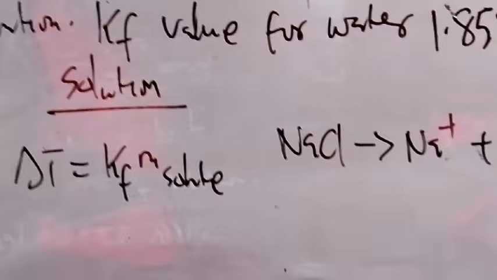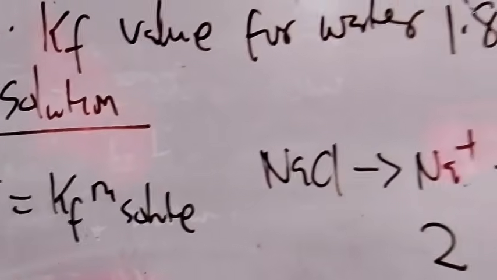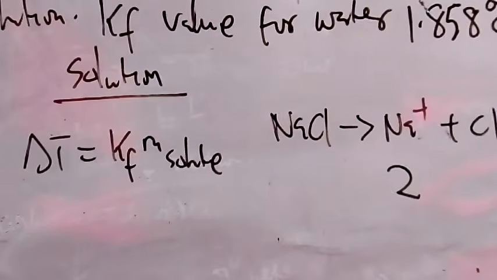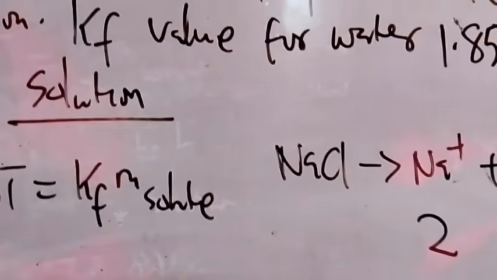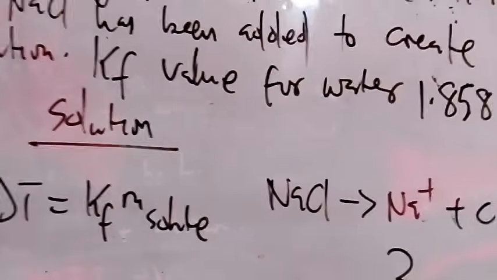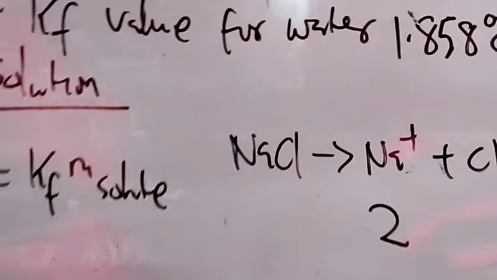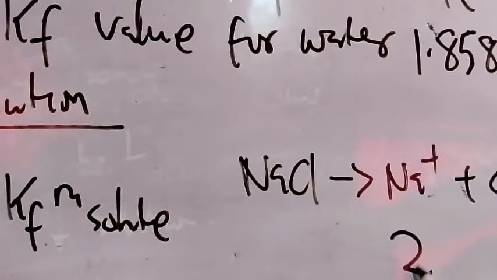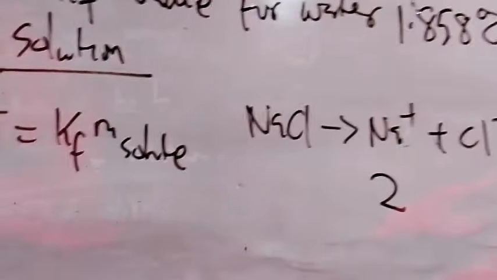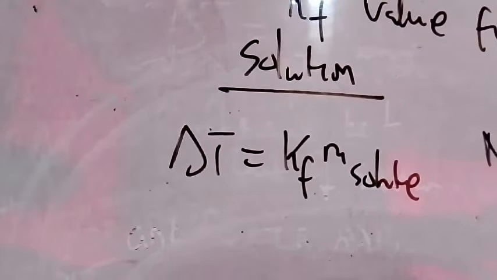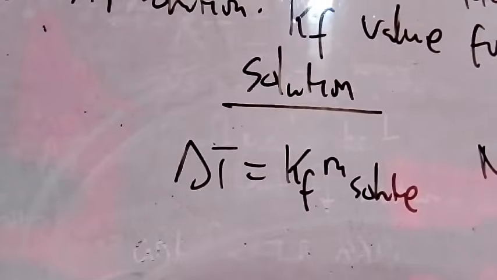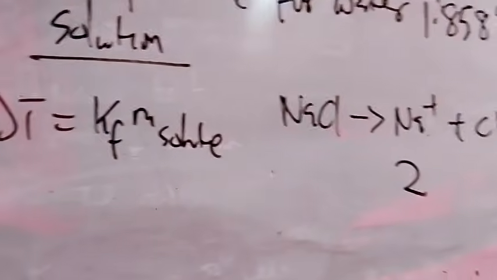So remember, there's a 2 there. i is equal to 2, which is the Van 't Hoff factor. We are going to come to that. When we are dealing with ionic compounds, we need to consider that they dissociate in solution, so we multiply by that value.